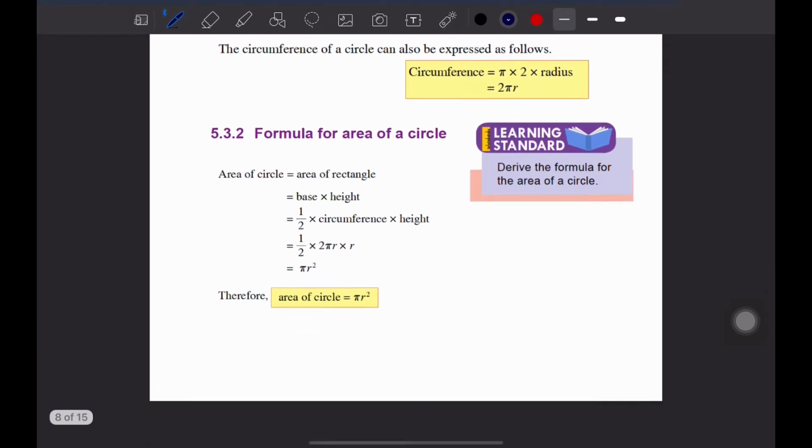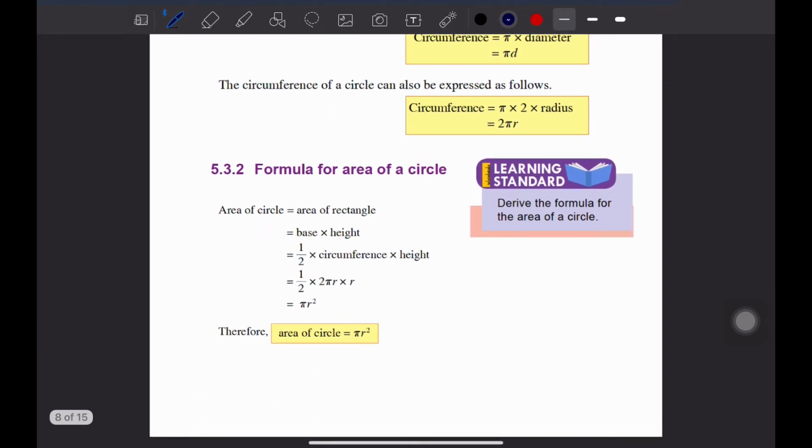So let's move forward to the next learning standard, derive the formula of the area of circle. Over here, area of a circle is equal to area of rectangle. The area of rectangle is base times height.